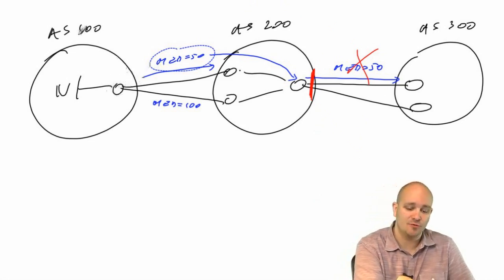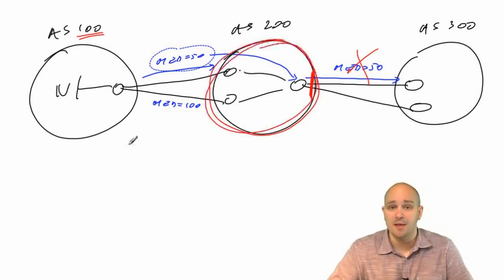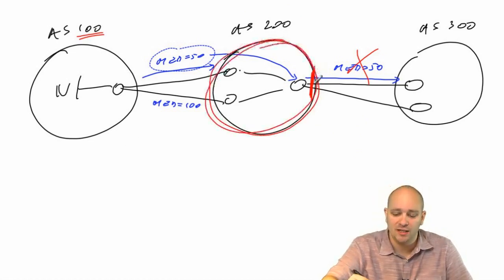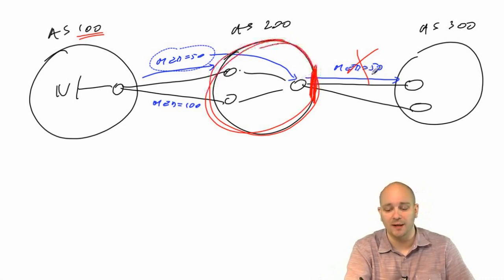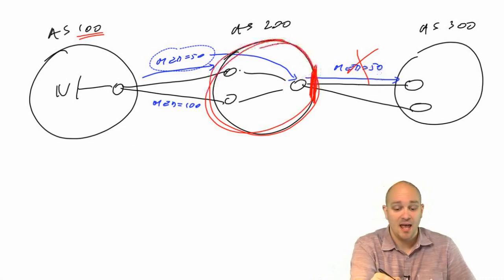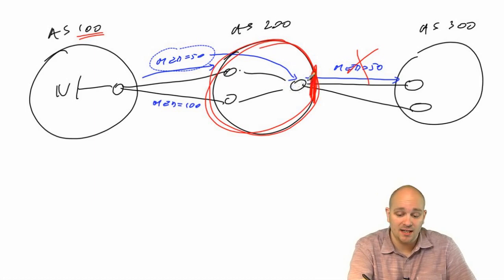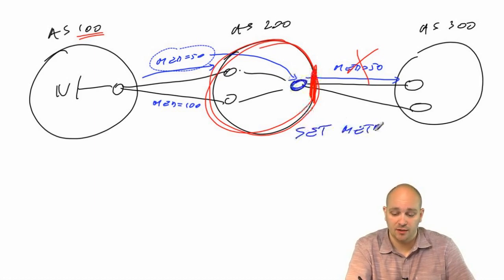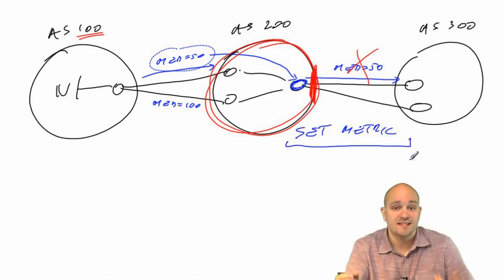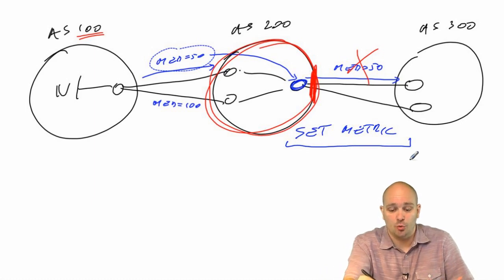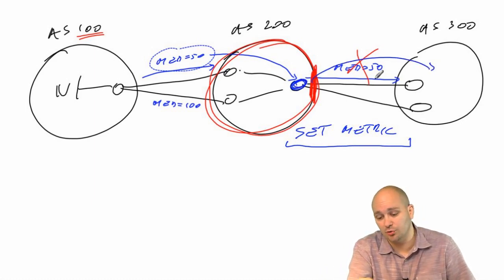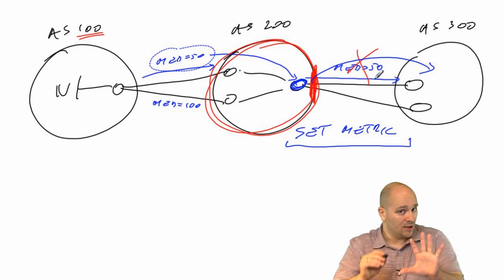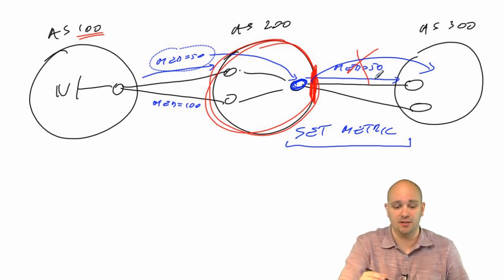From AS100, I can set the MED to influence decisions by my peer AS, but I know that this value will not by default leave that AS. However, this router itself could use set metric to set its own MED that is going to take effect in this AS. Now keep in mind that there are two ways to set the metric.